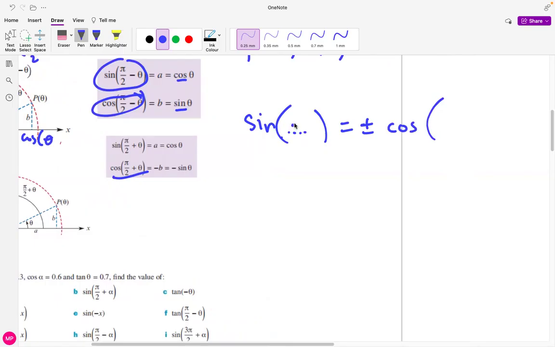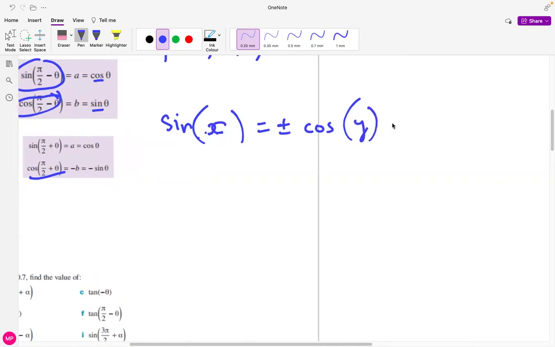So we can say, let's go x and y, sin of x will be plus or minus cos of y if x and y are complementary. So basically, they have a difference or sum of 90 degrees or 270 degrees. The plus and minus you have to determine based on where x and y are on the axes.